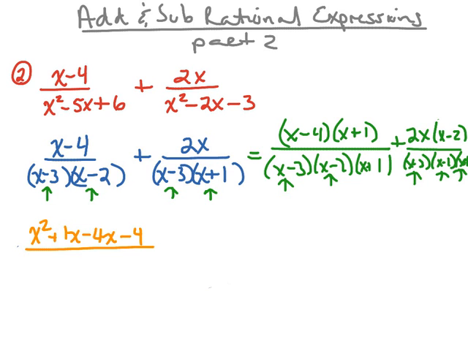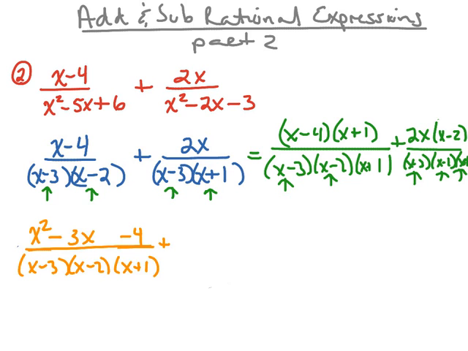If I combine like terms, 1x minus 4x would now give me a negative 3x. So I now have x squared minus 3x minus 4, and this is what I get after I do FOIL. Of course, my denominator is still the same, x minus 3, x minus 2, and x plus 1. Notice I'm not multiplying that just yet because I may have to reduce here in a little while.